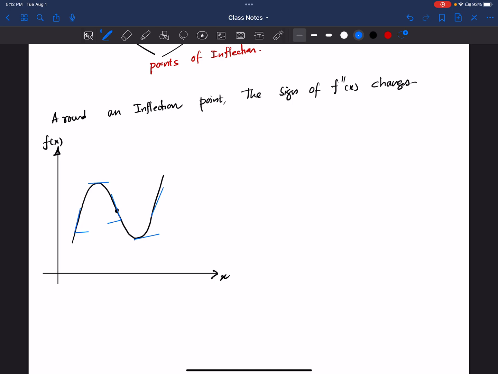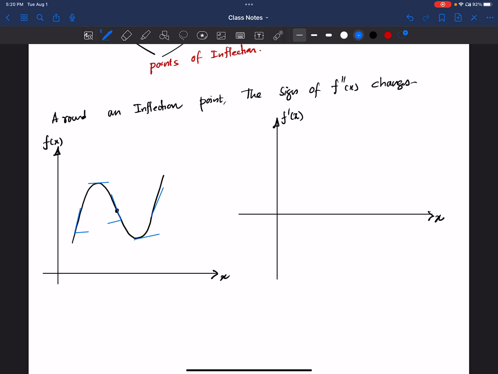That's how we can draw f prime of x. Let's see how we're going to draw the function of f prime of x. So we have f prime of x on the y-axis and x on the x-axis.